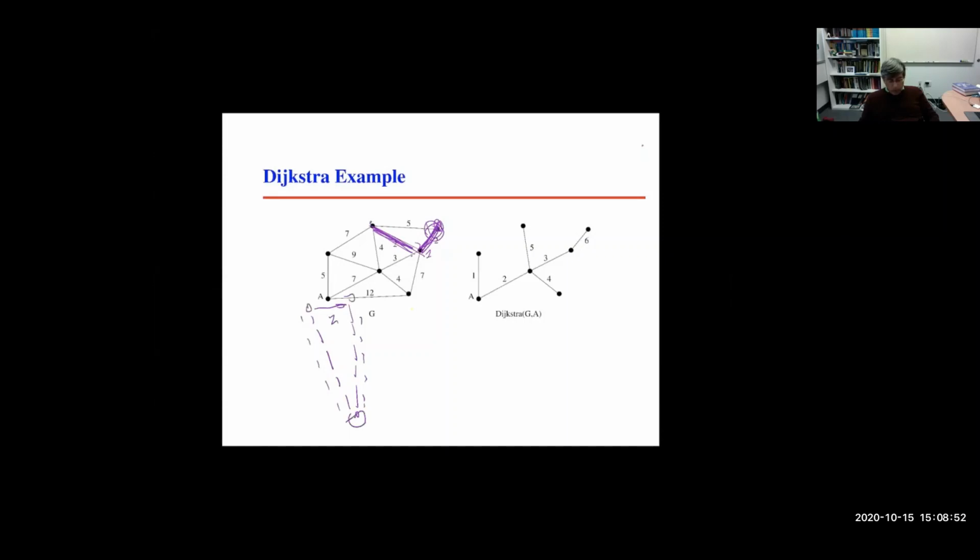The shortest path from me to every vertex is going to be these. The shortest path from this to any vertex is going to certainly include that direct edge. So for shortest path spanning trees, it's important where you start from.